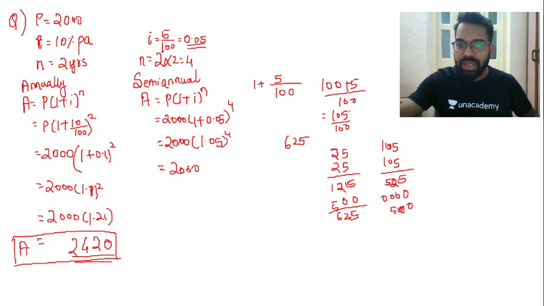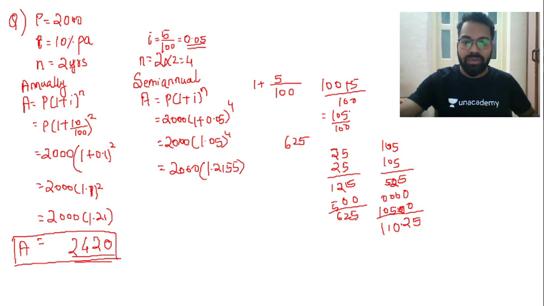There's 5 here, there is 2 here, there is 10 here, carried 1. This will be 10125, since it is again multiplying it by 105 and again multiplying it by 105. The result that you will get here will be equal to 1.2155.